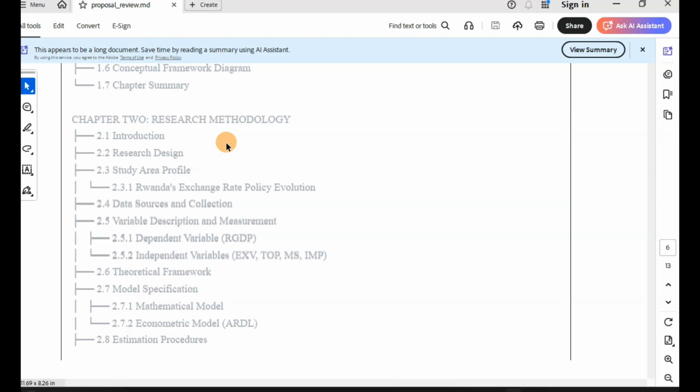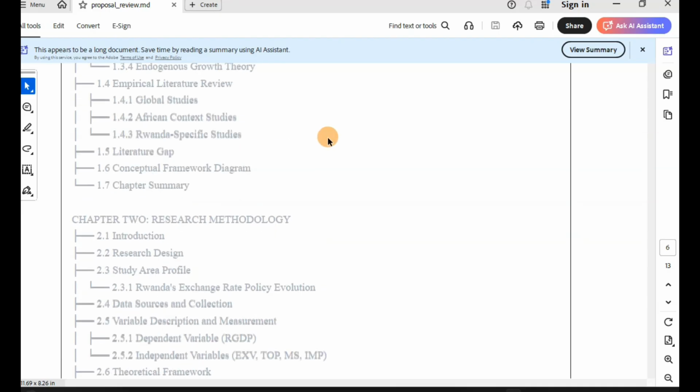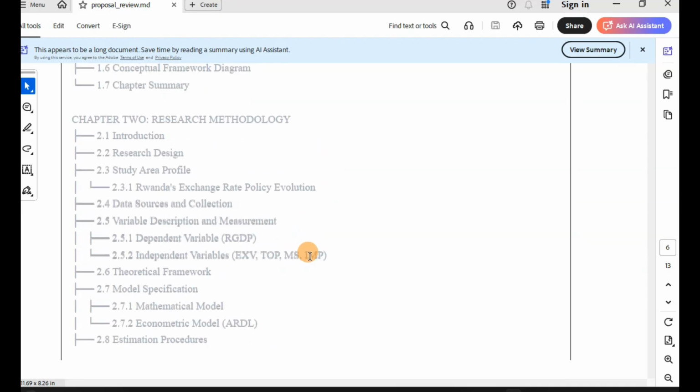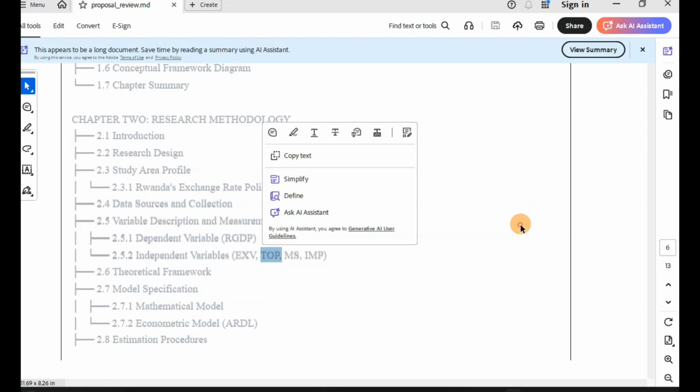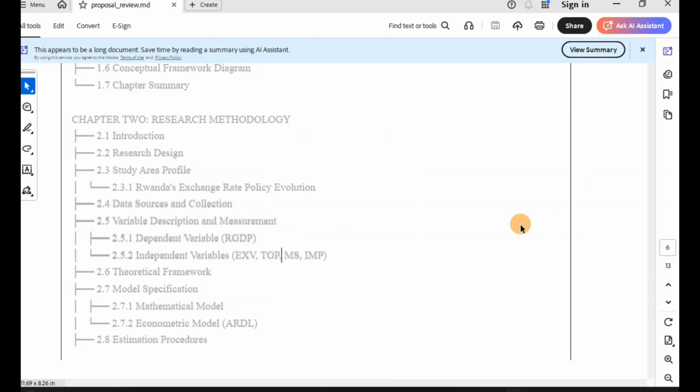But the reason I'm emphasizing ARDL is that with VAR, all the variables are not stationary. But as long as you have one or many being stationary, a mixture of stationary and non-stationary, it will require you to bring ARDL on board.